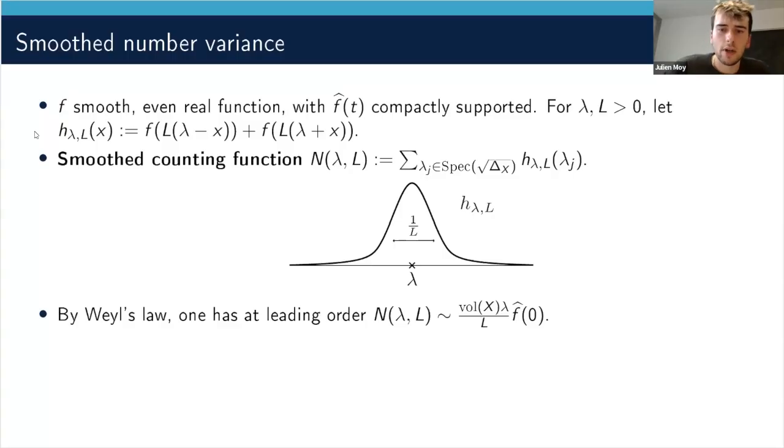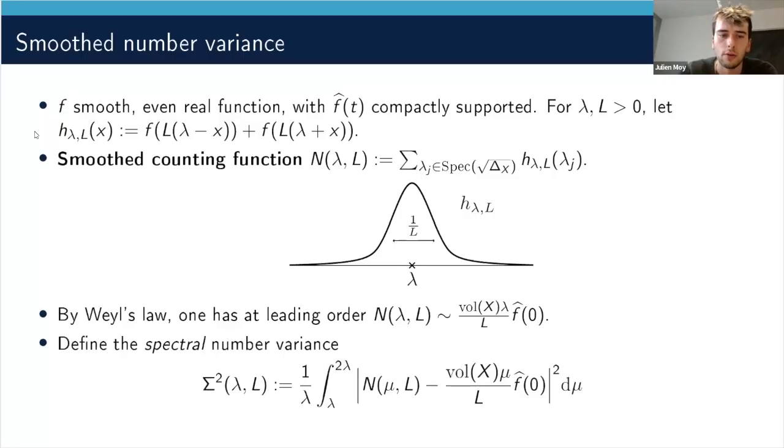And so a natural question that may come now is, to what extent does this counting function fluctuate around the prediction of Weyl's term? To study this question, we will introduce the following quantity that is usually called the spectral number variance. So we decide to average this difference squared over some interval of frequencies from lambda to 2 lambda.